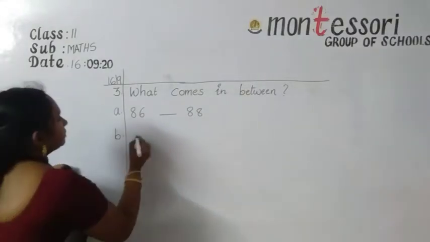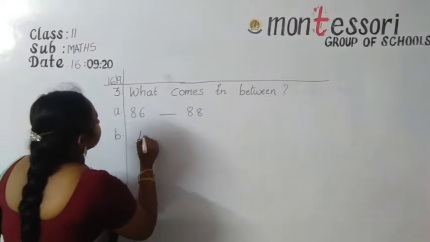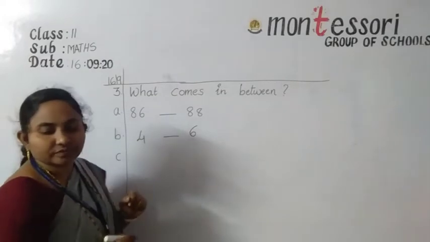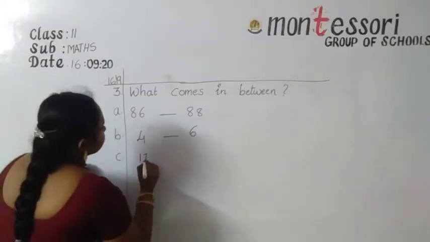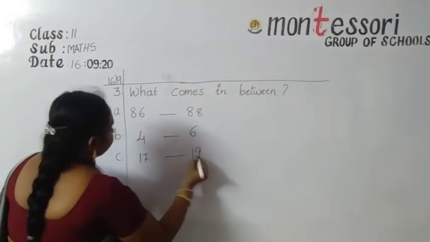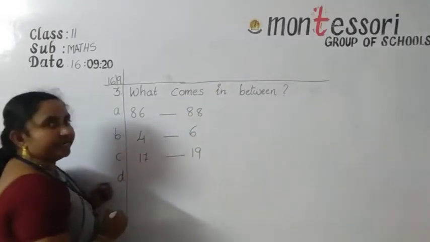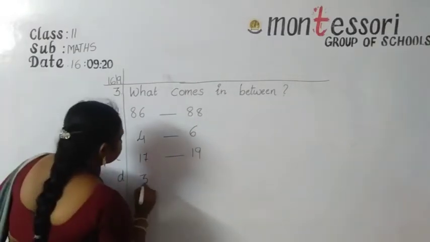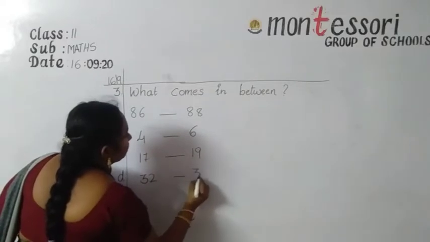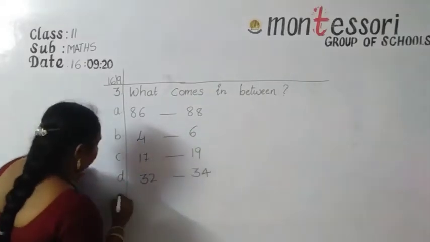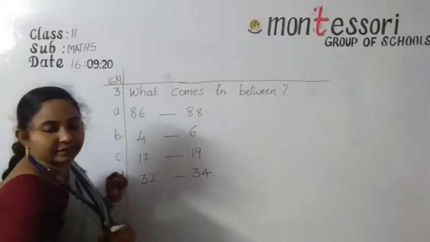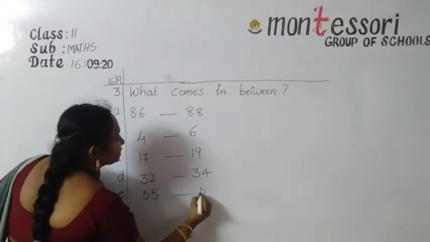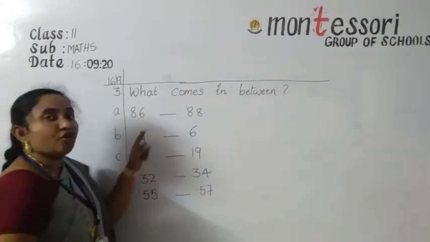Next one, 4, 6, and C bit, 17, 19, and D bit, 32, 34, and E bit, 55, 57.